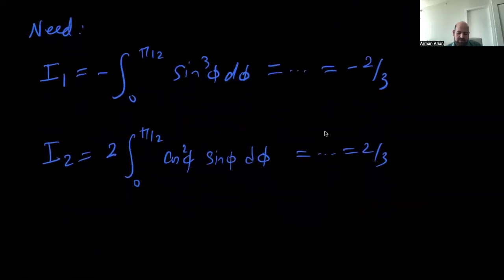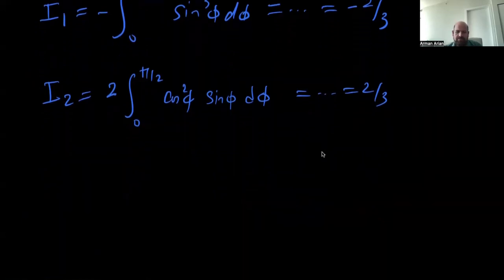It's a simple substitution because the derivative of cos phi, which is minus sine phi, appears in front. So we can use u equals cos phi. And you'll see that the answer becomes 2/3.